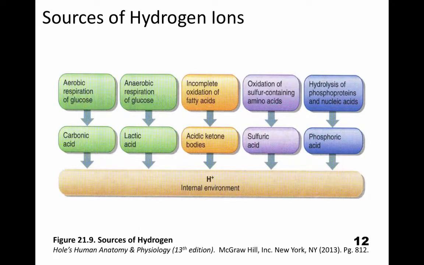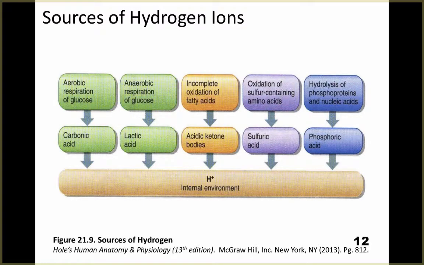And so the sources of hydrogen ions within our body are thus. You can get some from aerobic respiration of glucose and anaerobic. So when we're talking about aerobic respiration, that's when we're talking about cellular respiration.